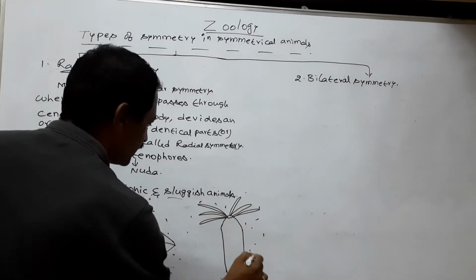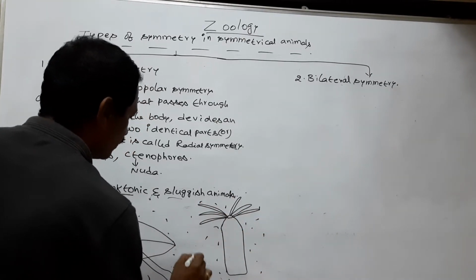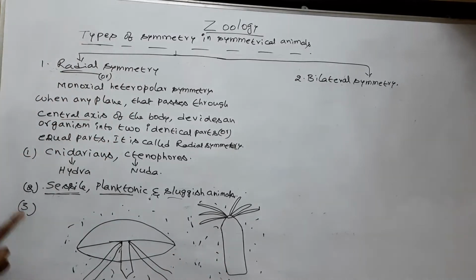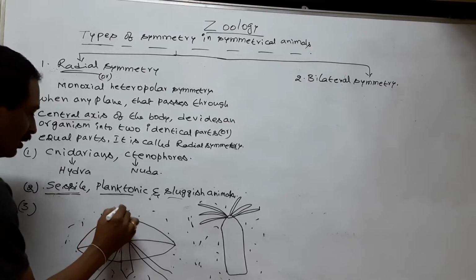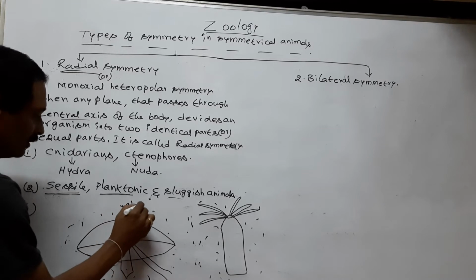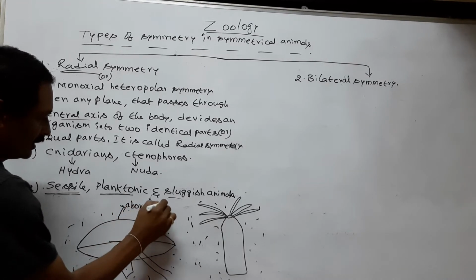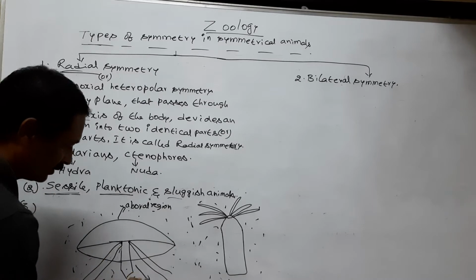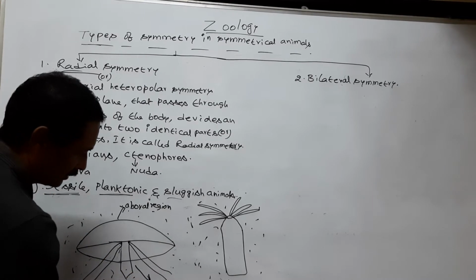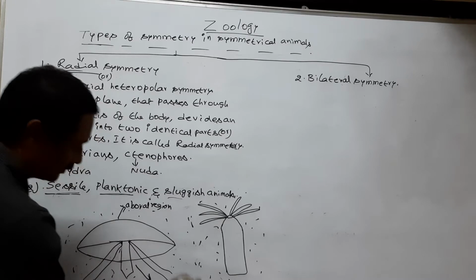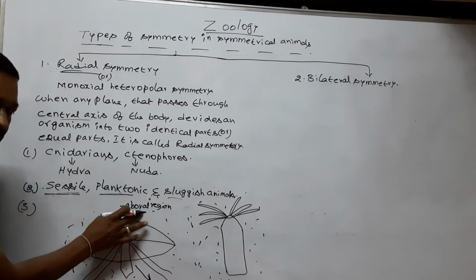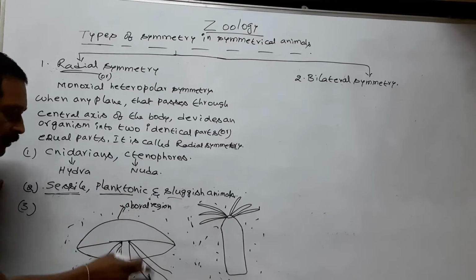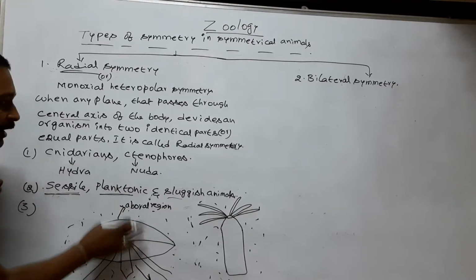The animals which exhibit radial symmetry have two poles or two regions, the aboral region and the oral region. So Aurelia has an oral region and an aboral region. So Aurelia possesses two poles, different poles.